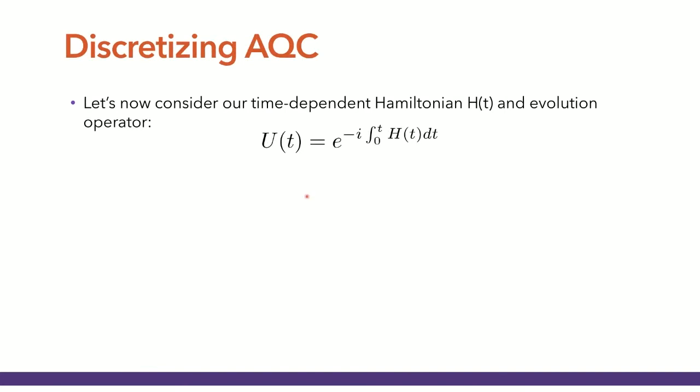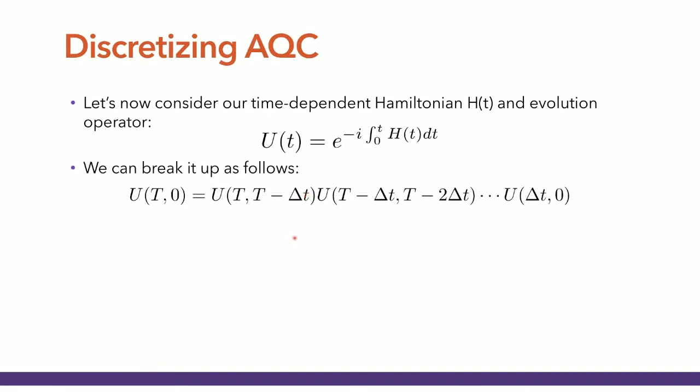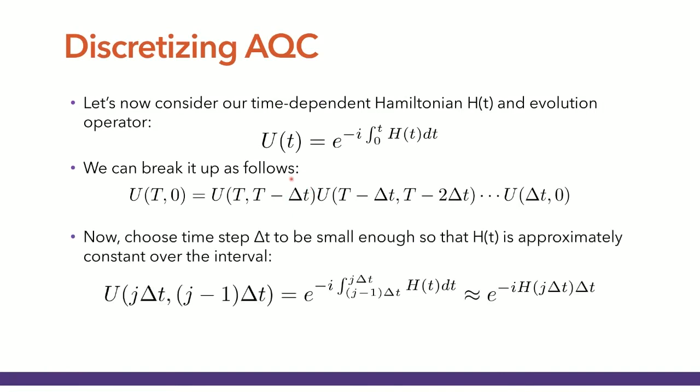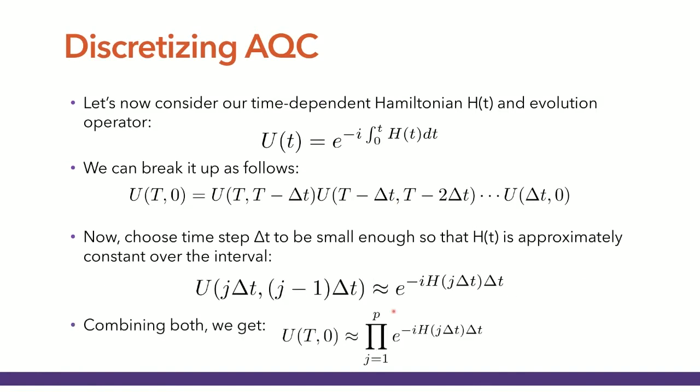Now, let's consider our time-dependent Hamiltonian and break down our evolution into small chunks. We're going to set some small delta t, and break up our time-dependent Hamiltonian such that we can assume that it's approximately constant over this delta t. And so our evolution is now a product of these time chunks, where in each chunk the Hamiltonian is approximately constant.